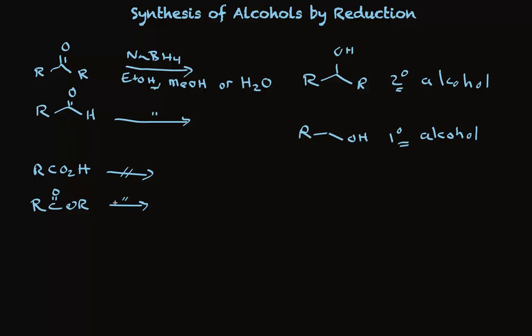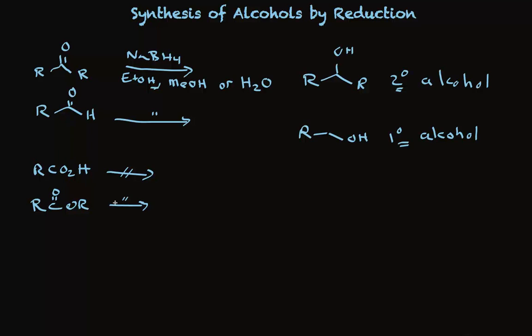So sodium borohydride selectively reduces ketones and aldehydes in very good yields using polar solvents, small alcohols or water, to make either secondary alcohols or primary alcohols. Notice that you cannot make a tertiary alcohol this way.